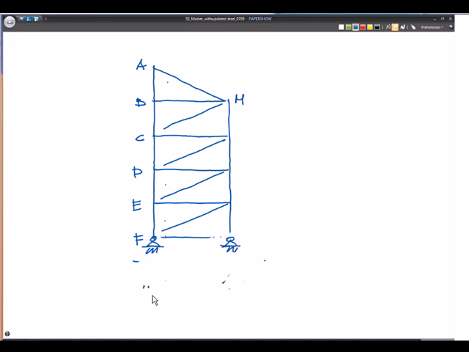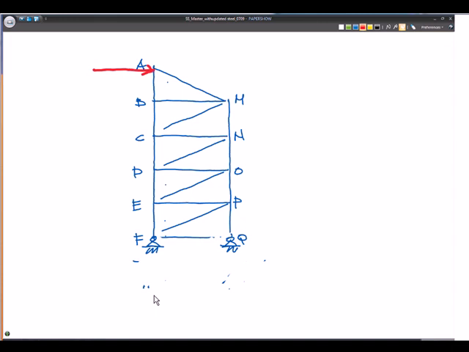And this is M, N, O, P, and Q. Okay, so a braced frame is just a vertical truss, and let's approach it like this. I think we can better visualize what's going on.